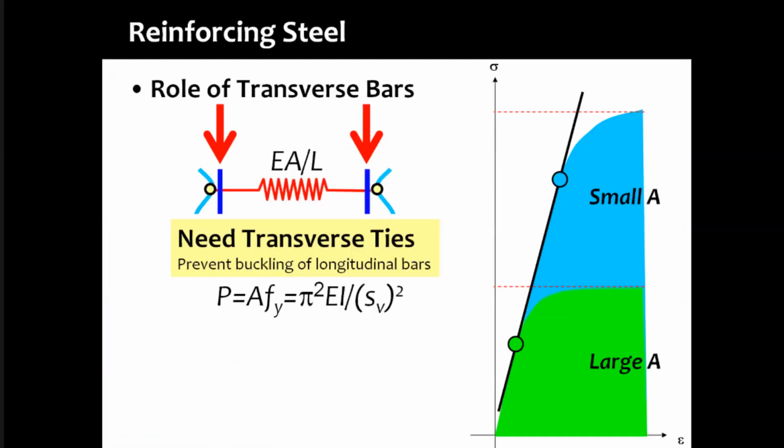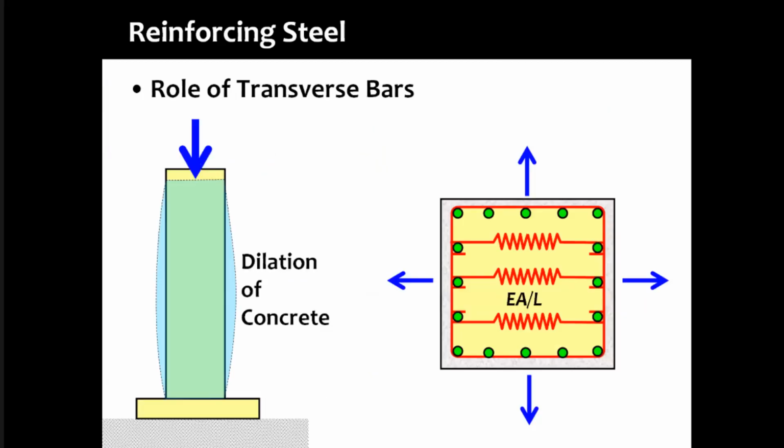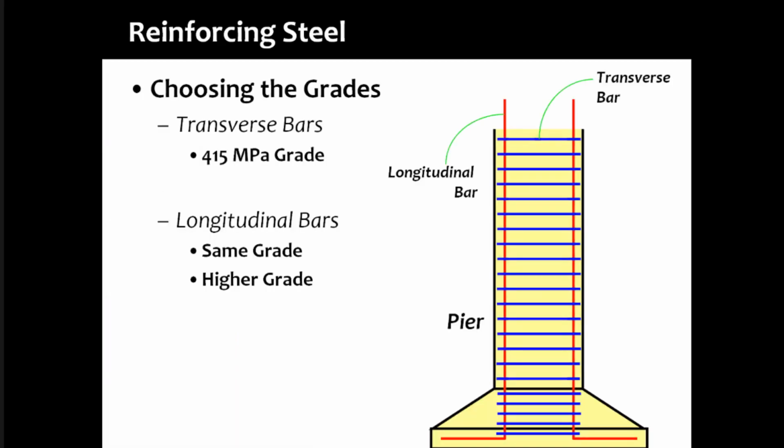And so this is an important point which will come into picture when we decide the spacing of transverse reinforcement also. And please ensure that you recognize the dilation and provide for the lower grade of steel, or use lower grade steel FY for the purpose of estimating the transverse reinforcement.